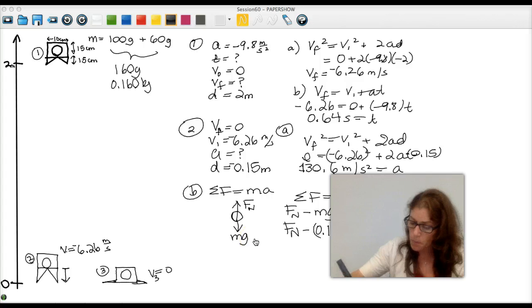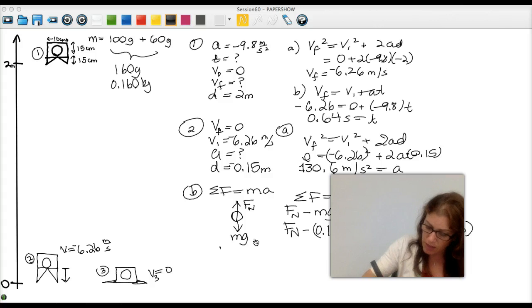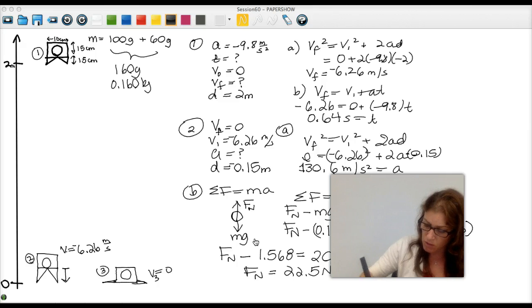I did that up here. So that has to equal the mass, 0.160, times the acceleration, which is 130.6. So let's solve for that. 0.160 times 9.8 is 1.568. And then 0.160 times 130.6 is 20.9. So add the 1.568 to the other side, and you get a normal force of 22.5 newtons.